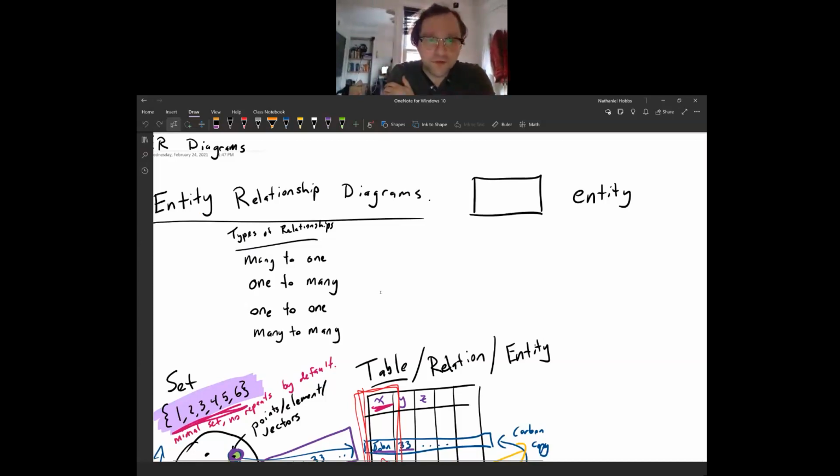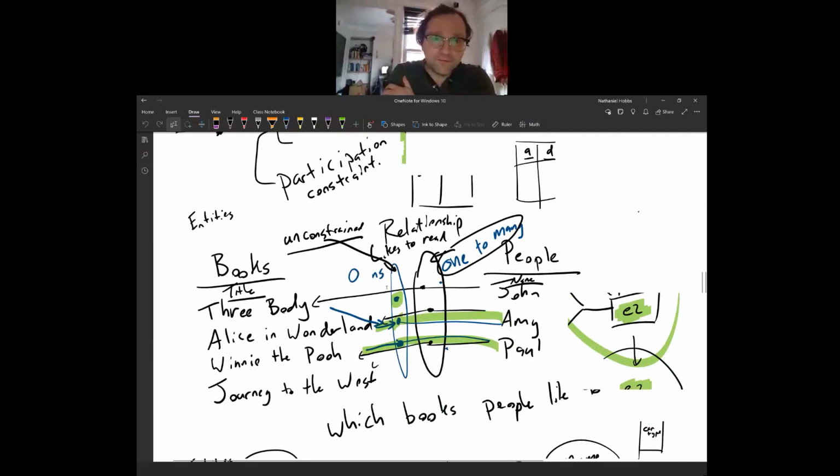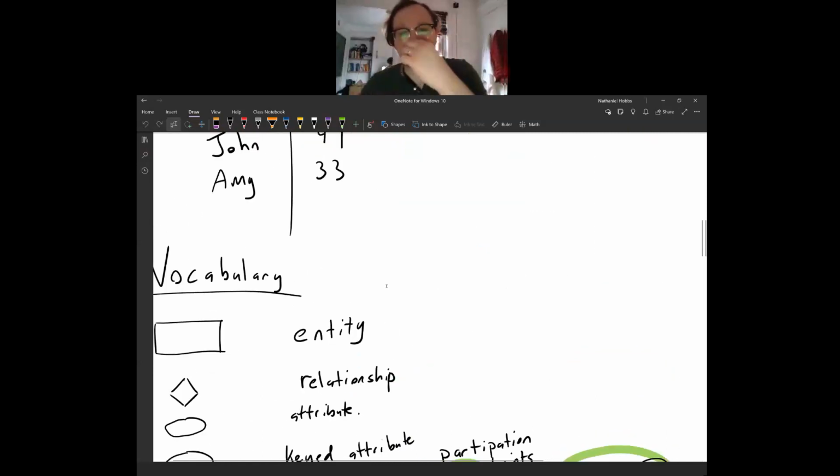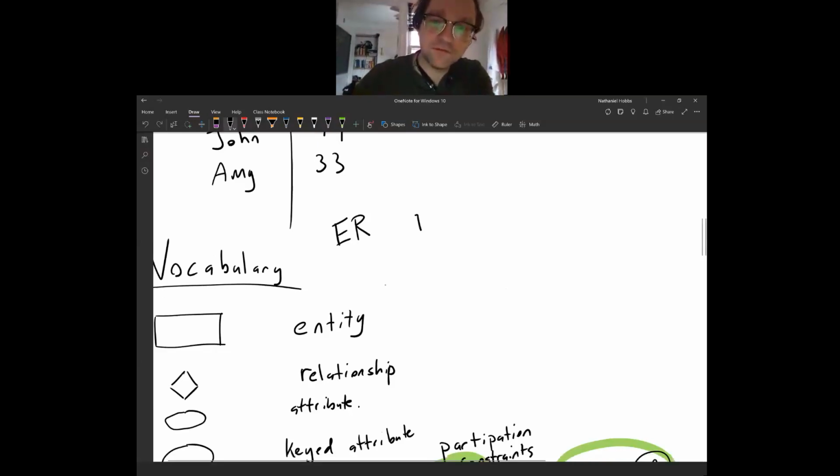Did I write somewhere what this is? Not really. Okay, I'll start here because I like these diagrams. ER, that's an entity relationship diagram. Okay, so entity.